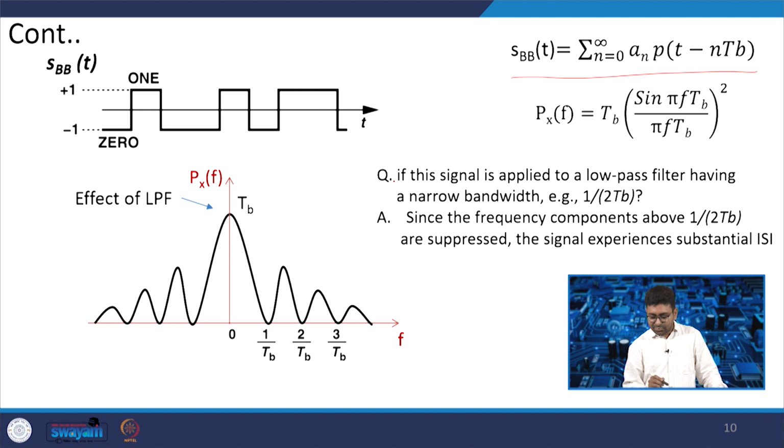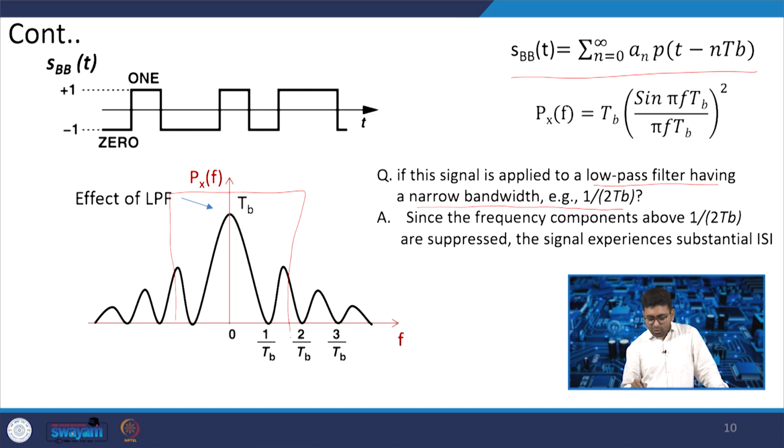Now one question can be thrown: if this signal is applied to a low pass filter having a narrow bandwidth, for example the bandwidth of the low pass filter is only this much, which is limited, then what will happen?